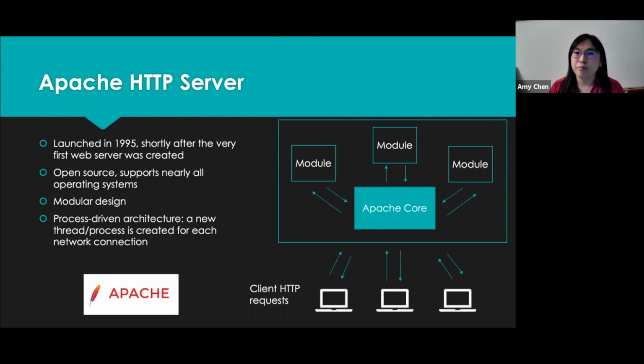It has a modular design. The core web server exists and performs the main duties of HTTP request and response handling, but you can choose to configure your Apache server to use whatever selection of modules you would like.